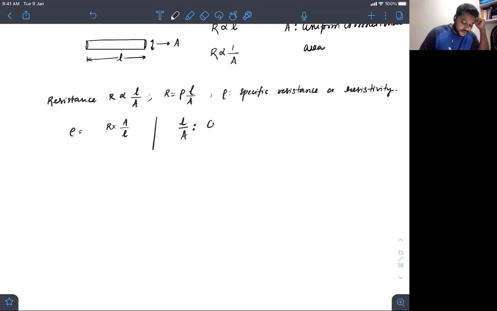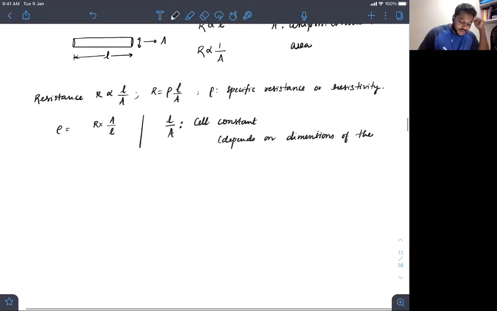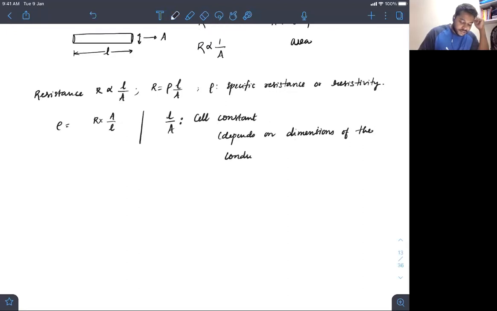Second, L by A is a very specific term that we will be using. This is known as cell constant, and cell constant depends on the dimensions of the conducting units or material.